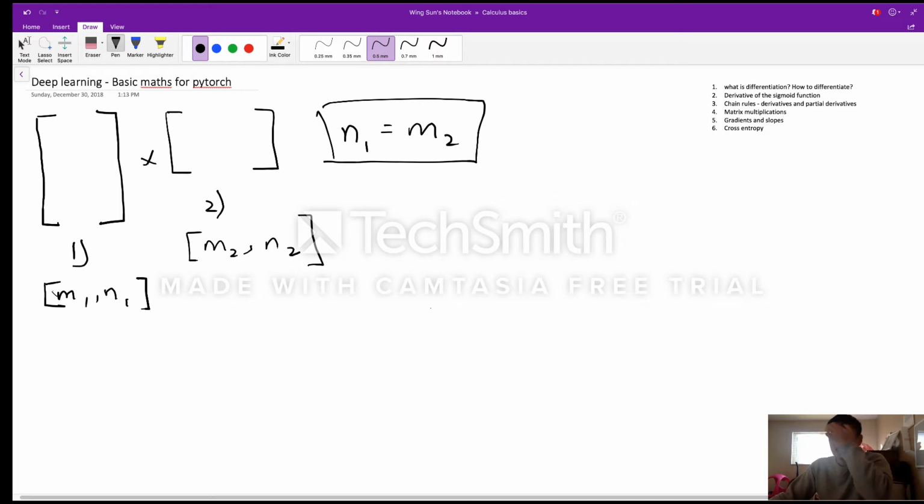The actual multiplication, how PyTorch does things, doesn't really matter to me, because you're not really concerned about this kind of low level operation.